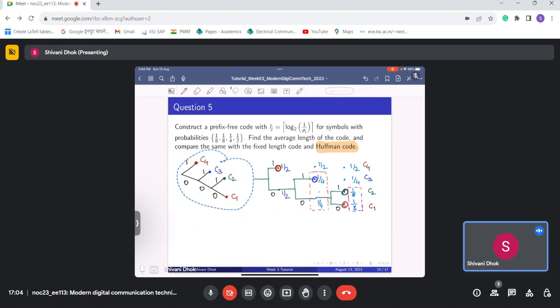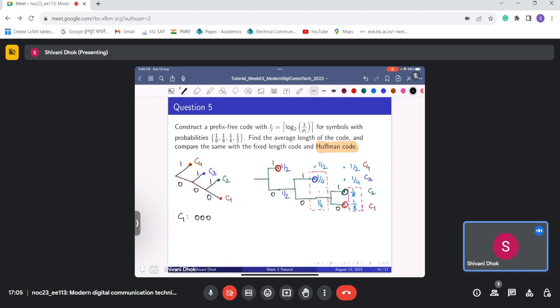So if you observe carefully here, what is the code word for C1? So C1 has a code word 0 0 0. Same thing you can observe here. It is simply 0 0 0. Then for C2, what do we have? 0 0 1.